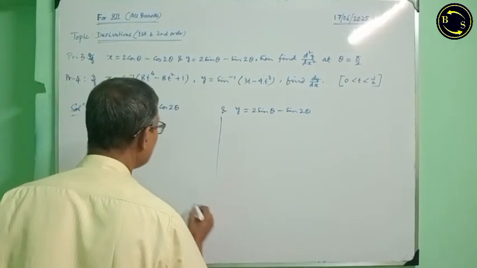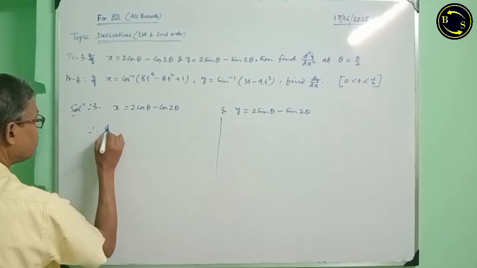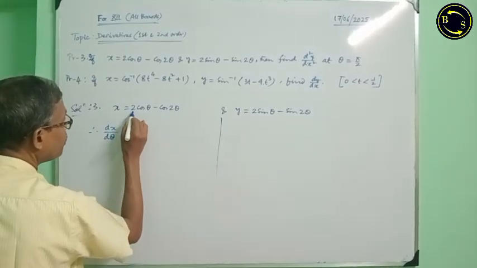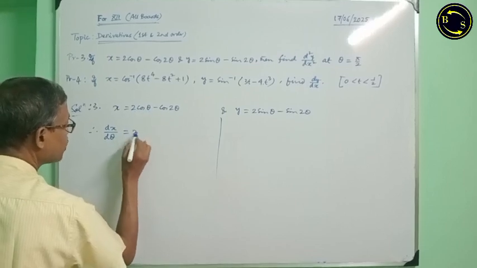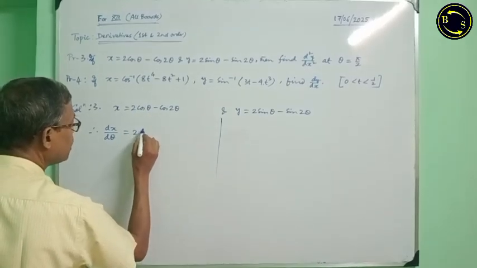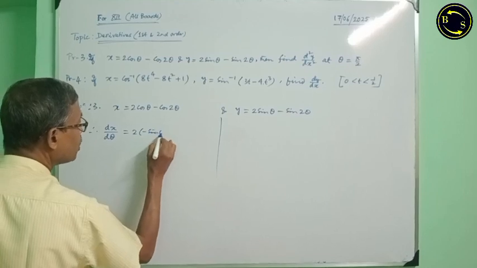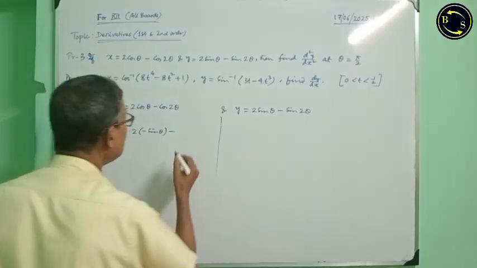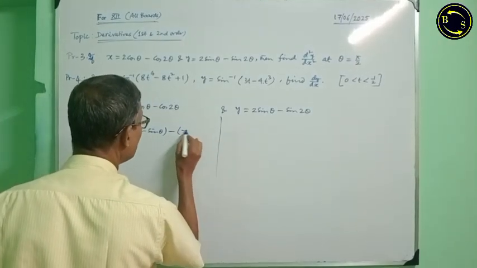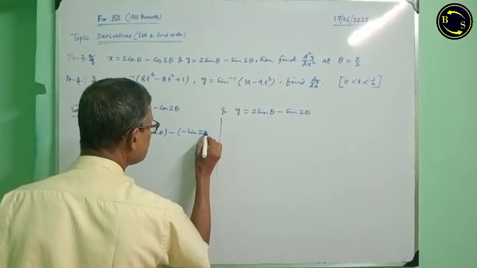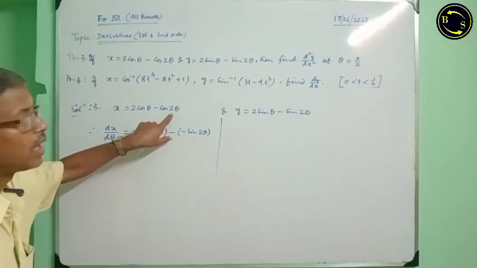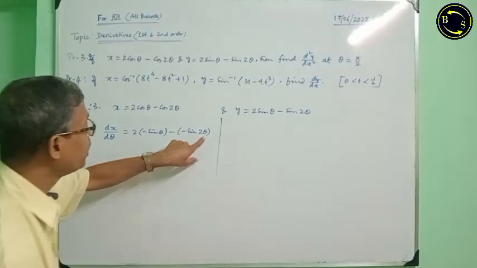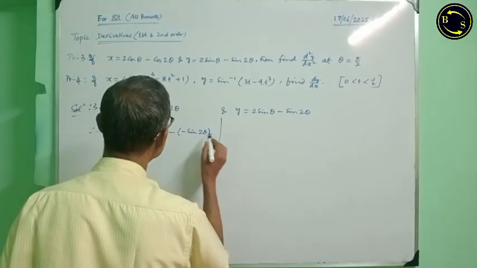Parametric form, here I find dx d theta, d d theta of 2 cos theta, constant 2, derivative of cos theta minus sin theta, minus cos 2 theta, minus sin 2 theta, taking 2 theta as u, chain rule applied, cos u minus sin u into d d theta of 2 theta means 2.